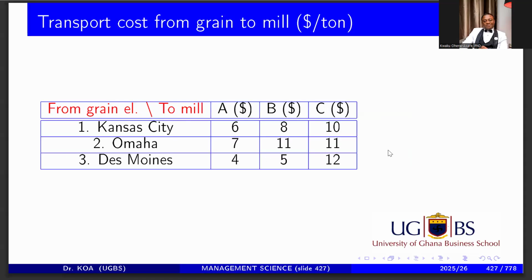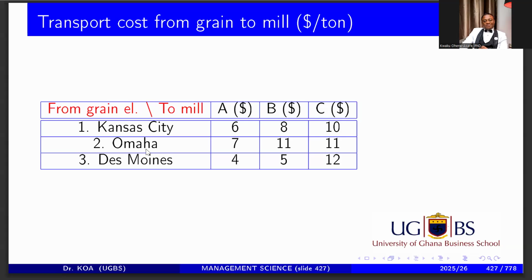The amount associated with sending, I've used A, B, C, D here, but I'll change it to 4, 5, 6 so that everything will be in numerical form. So watch this $6. This $6 is the cost of transporting the items from Kansas to the first city, which is Chicago. $8 is the cost of transporting from Kansas to St. Louis. $10 is from Kansas to Cincinnati.